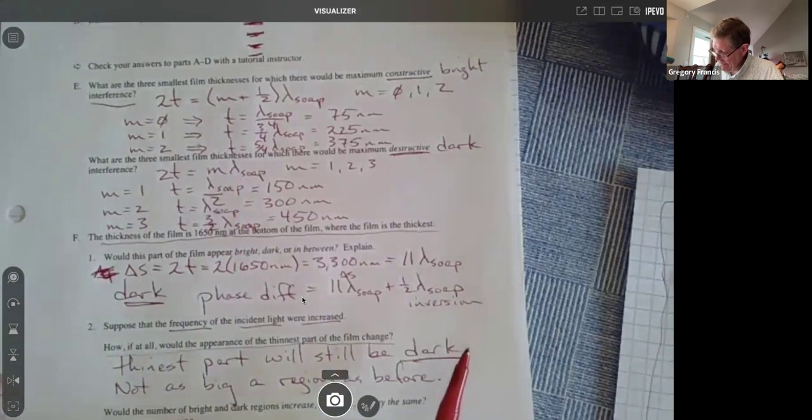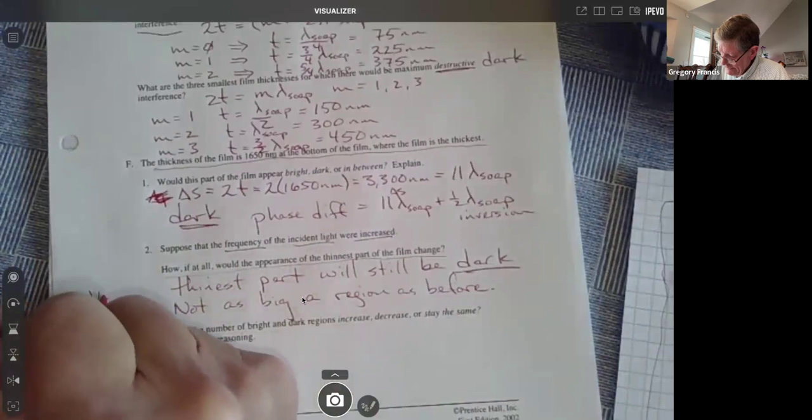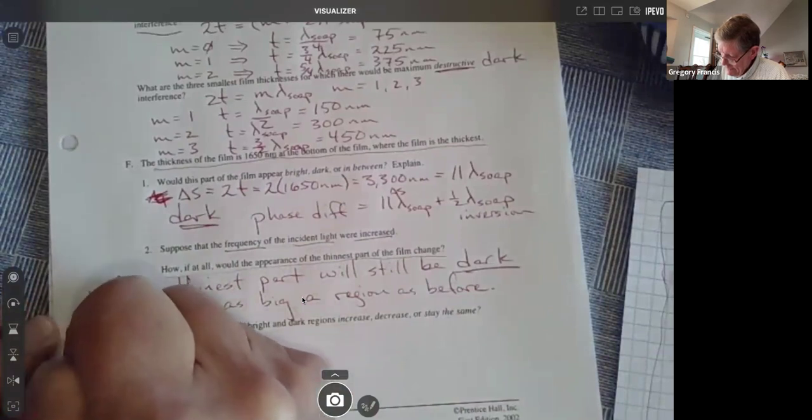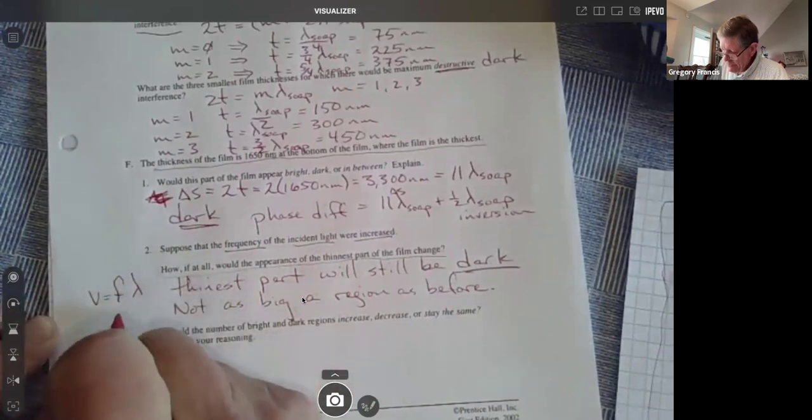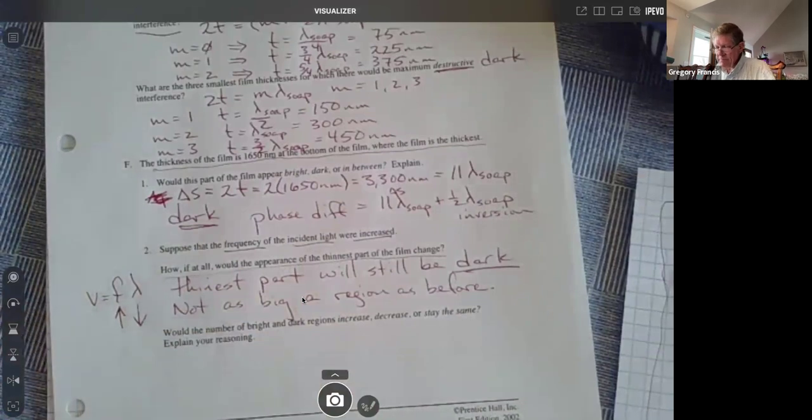And if my frequency gets bigger, then my wavelength is going to get smaller. And so I don't have to go to as big a thickness to get to the first bright spot. So the dark region on top would be a smaller region.